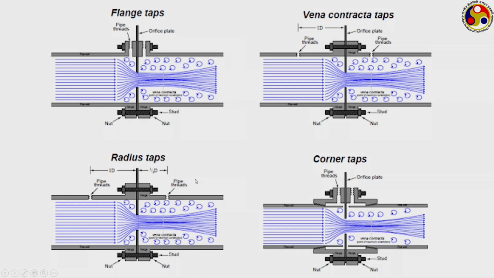Accordingly, there are different kinds of tapping positions that have been tried. Like the flange tapping is probably the easiest one, where you do not have to make any hole on the channel, rather just at the location where you are putting the orifice, on the same flange you are putting the tappings. You are having one tap on this side and one tap on this side. They are pre-drilled, coming with the orifice.